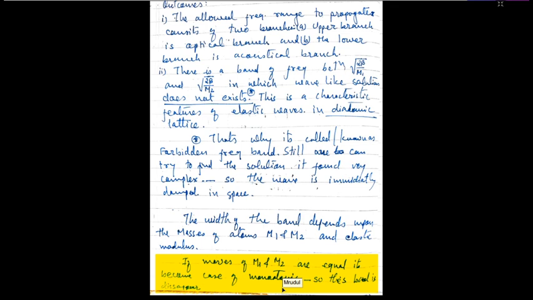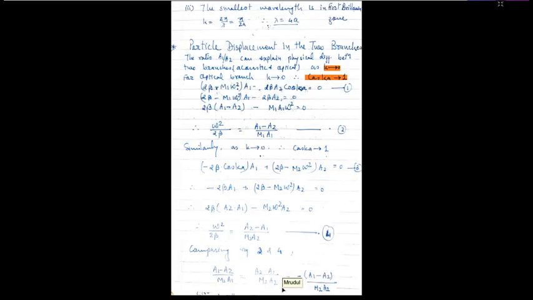Okay, the third outcome is what is the smallest wavelength possible within this acoustic or the optical branch, or rather let us say the first Brillouin zone.